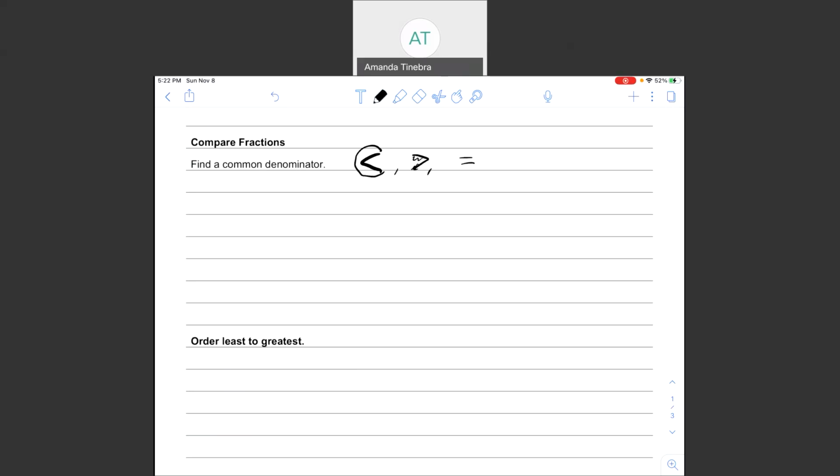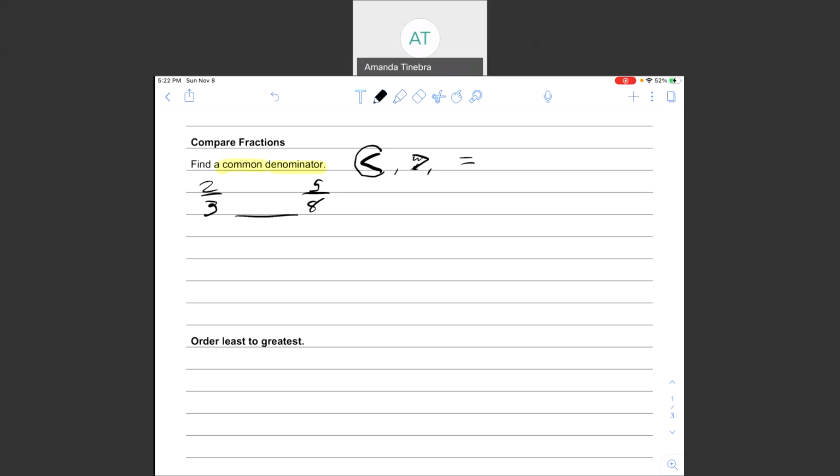Okay, so let's say we were going to compare 2/3 and 5/8. Well, if we want to compare these, then we need to find a common denominator. So I need to find a number that both 3 and 8 go into. And the first one I can think of is 24.